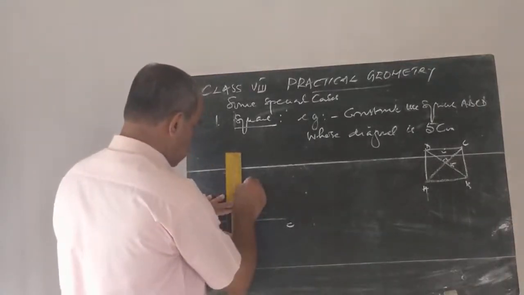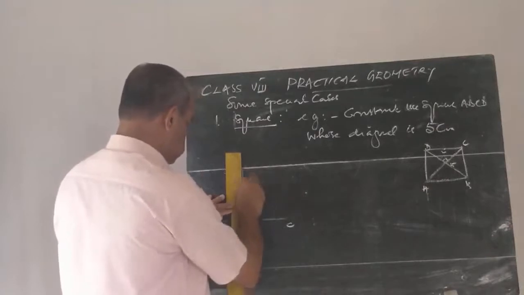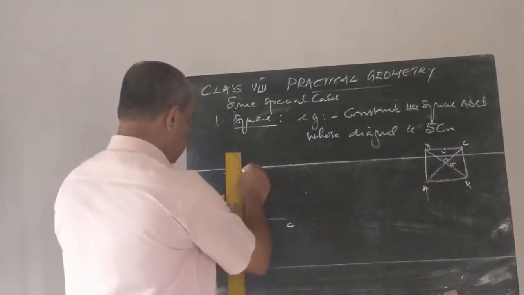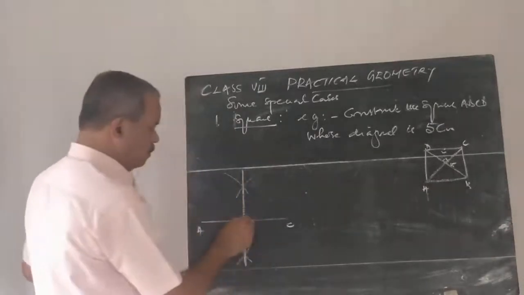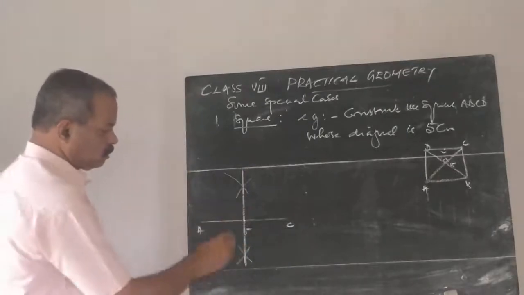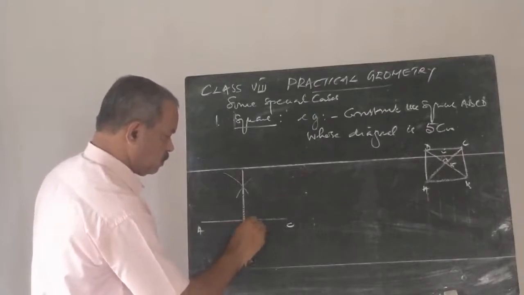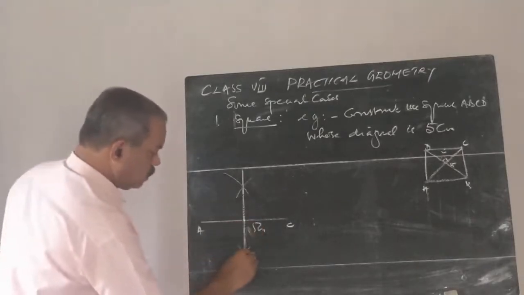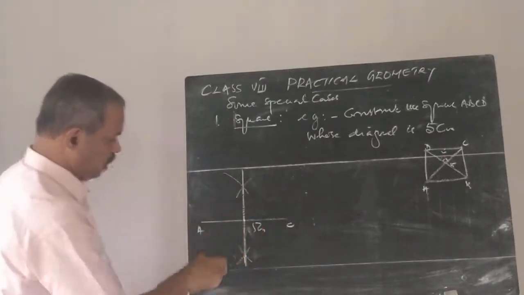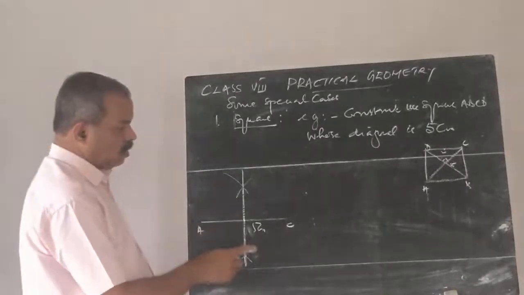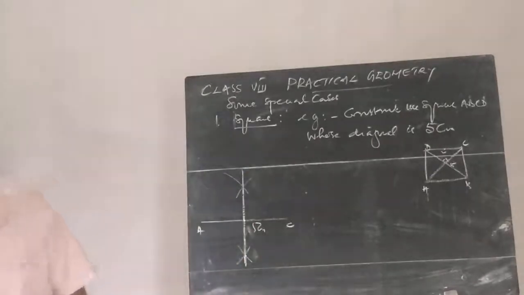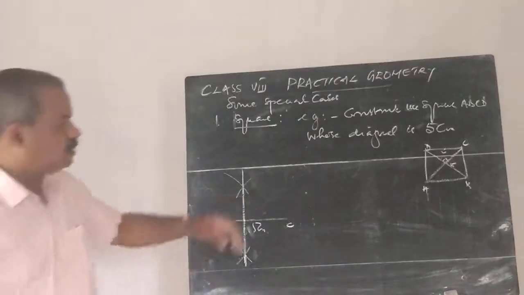Here, this is the midpoint. So AC is 5 centimeter. We have to find the points B and D in such a way that the total length of the diagonal is 5.